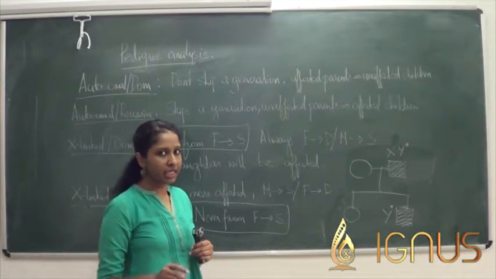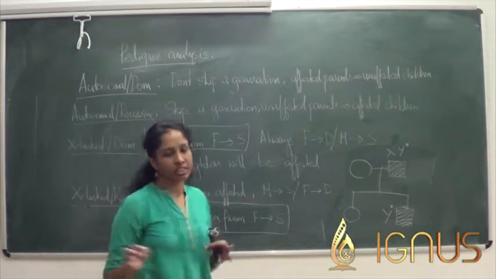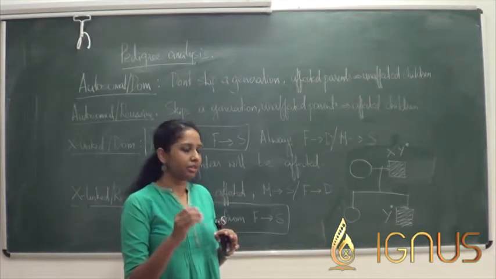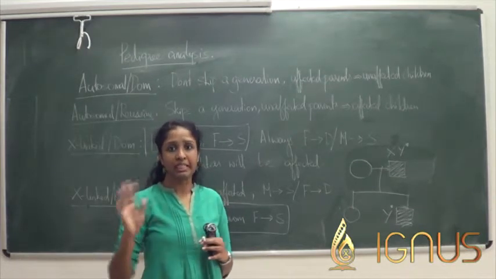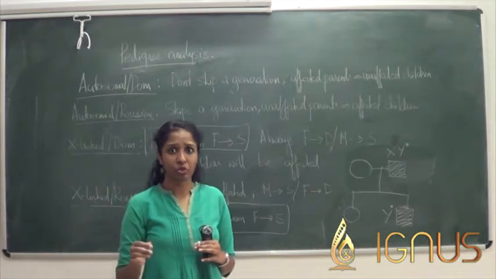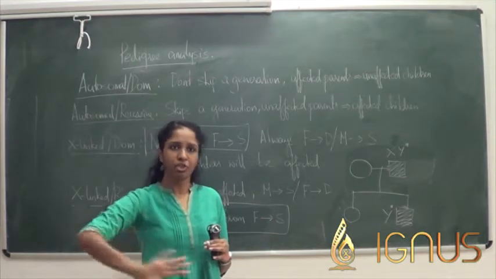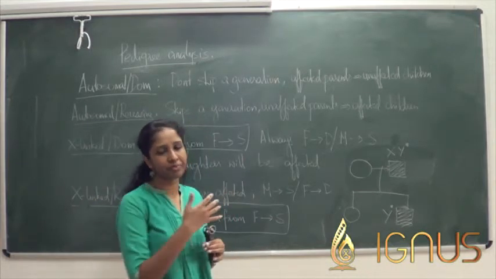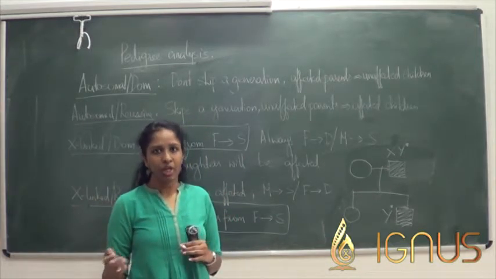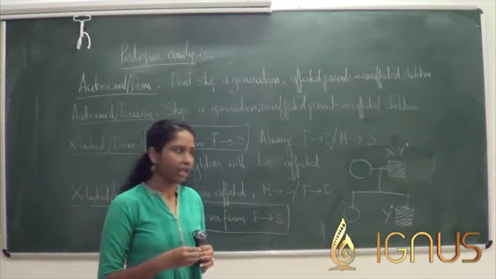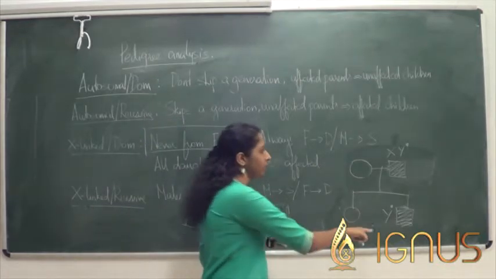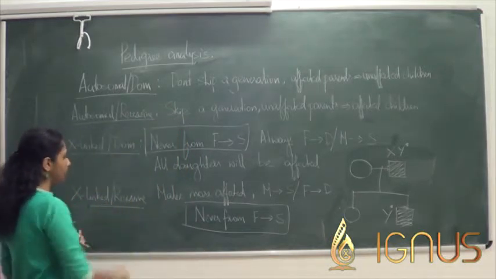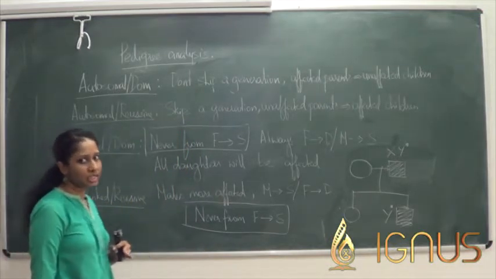Like I was saying before, these rules are just sort of a rule that you can use generally. So they're not specific rules. You cannot rule out every other type of inheritance pattern just because you see one of the rules being true. You will need to check it again. If the inheritance pattern is from father to son, sure, you can say that it's neither X-linked dominant or X-linked recessive.